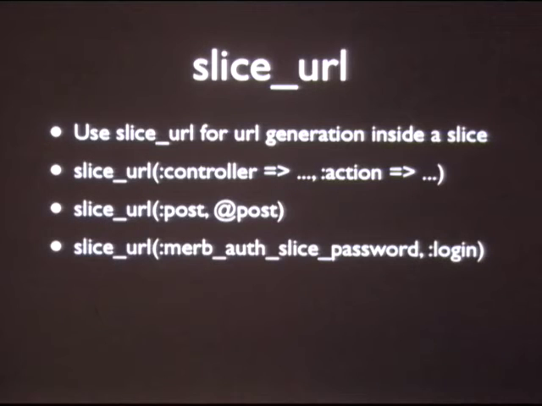But if you're in another slice, you declare the slice that you want to use, the route, and then you declare the name of the route that you want to use. So down the bottom you can see there that if we were in another slice that depended on the MerbAuth slice password, we could use its login route without needing to worry about namespacing issues.